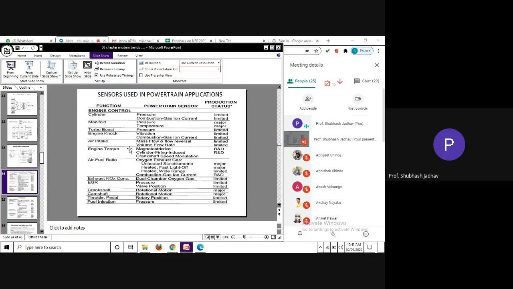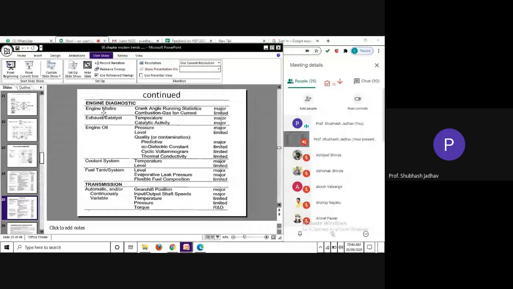On the engine torque side, that is the shaft side, we have so many sensors. For finding out the air fuel ratio, we have so many sensors. Then for the exhaust gas, we have so many sensors. For EGR, we have sensors. Crankshaft, camshaft, throttle pedal, fuel system. See this list of sensors, all related to the powertrain. Okay, so these are powertrain related sensors.